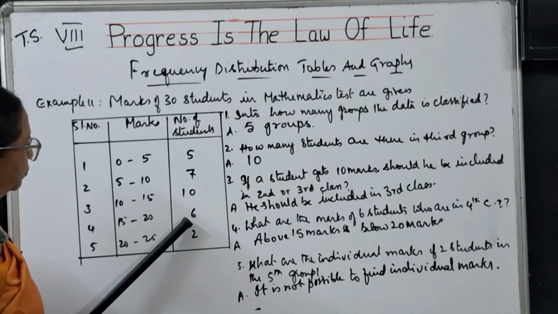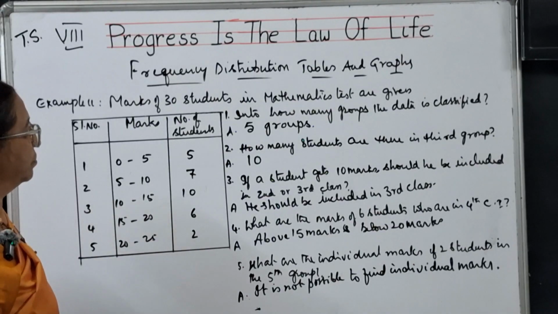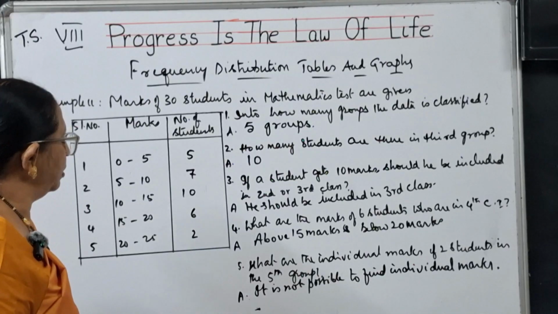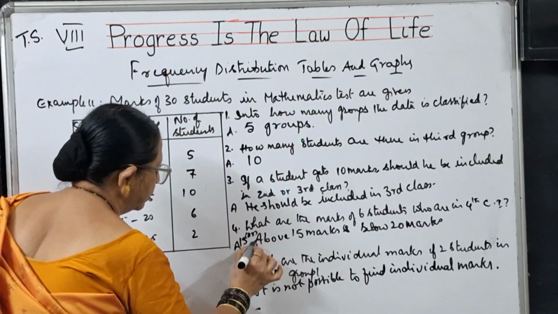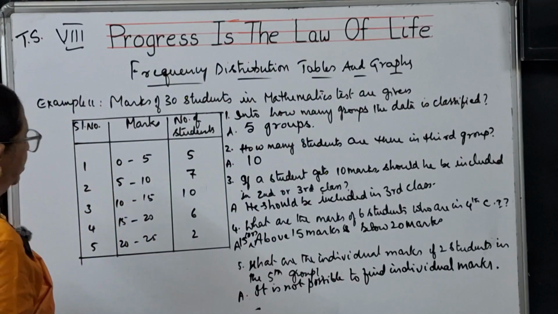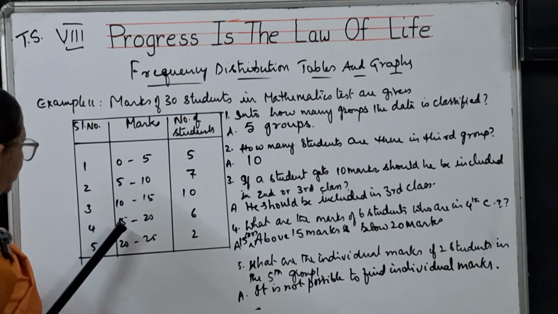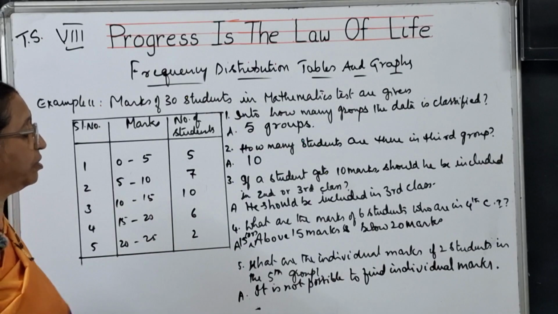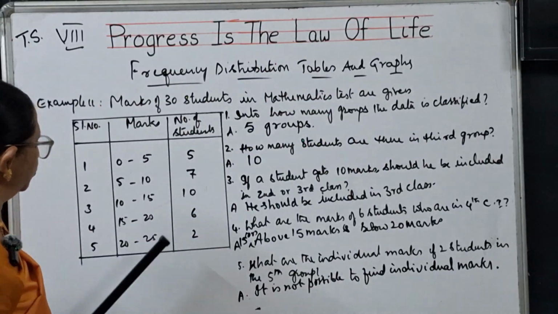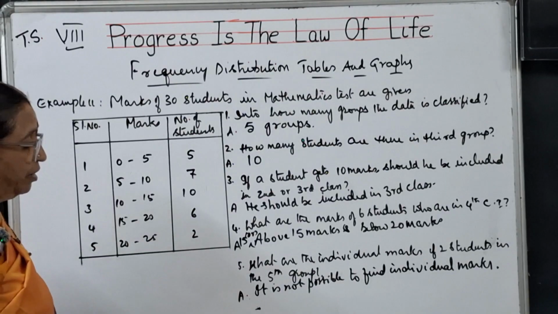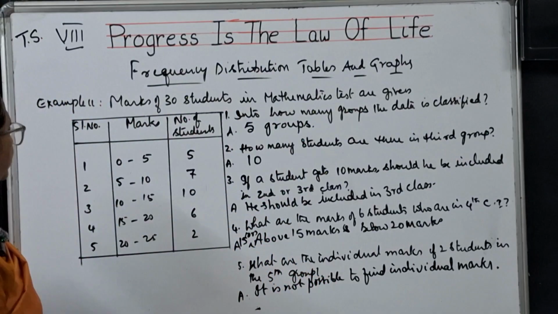This is the fourth group. 6 students, they get 15 or above 15, because 15 should be included here. So these marks should be either 15 or above 15 but below 20, not 20. 20 is not included. And the fifth one, what are the individual marks of the two students? We cannot find out individual marks with the help of the data that is given to us. Please note it down. This is example 11.